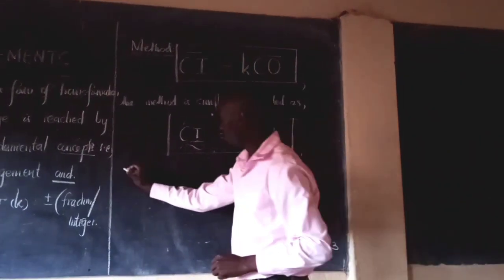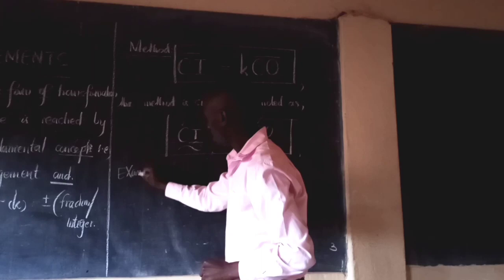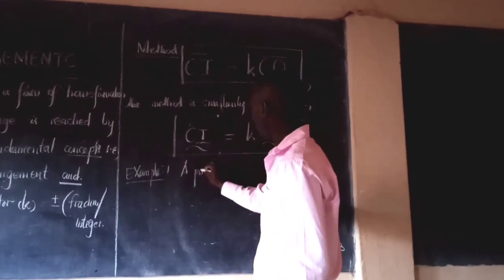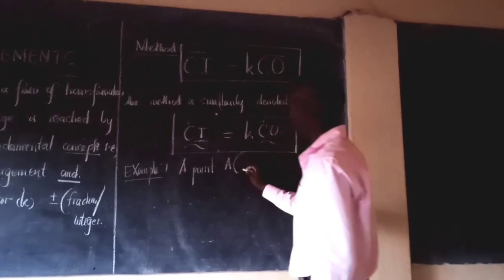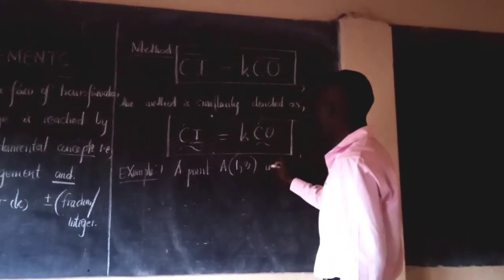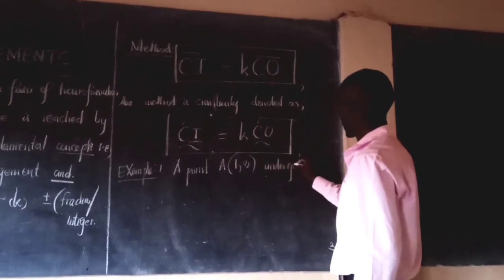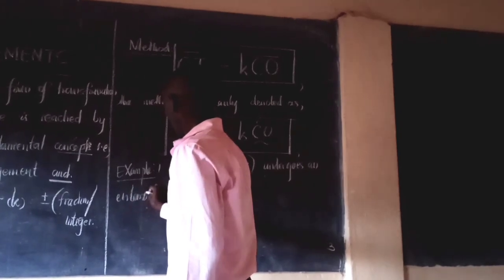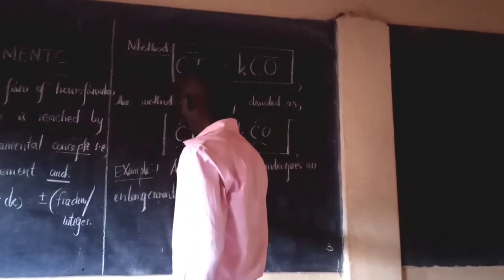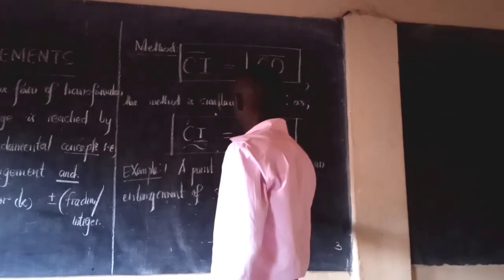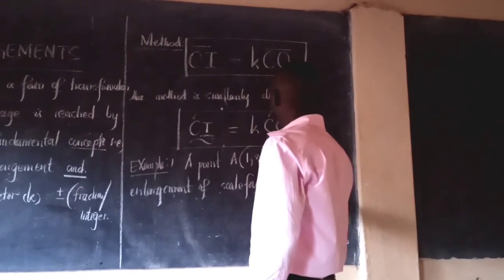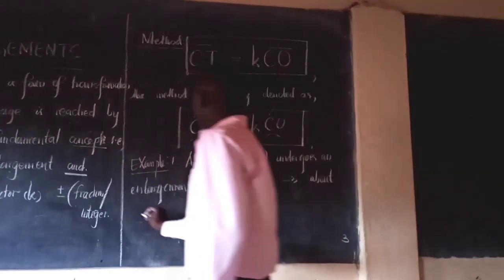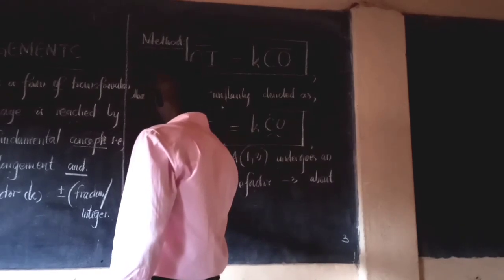We want to look at some examples here for us to brainstorm the idea. Example 1. A point A of coordinates (1, 3) undergoes an enlargement of scale factor -3 about the origin.